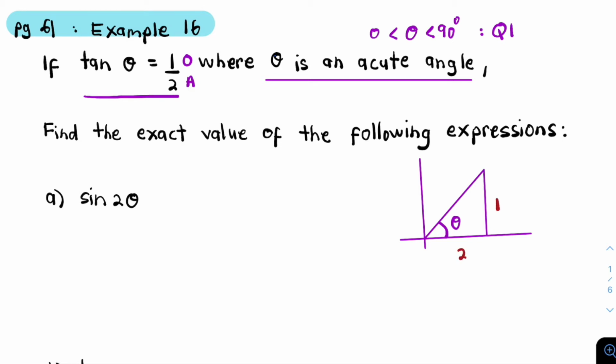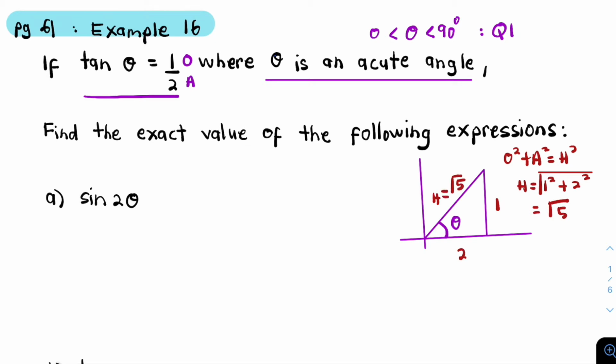Now you want to know your hypotenuse. How can you know it? Use the Pythagoras theorem, which says opposite squared plus adjacent squared equivalent to hypotenuse squared. So your hypotenuse would be equivalent to 1 squared plus 2 squared, square root everything, which gives you square root of 5.